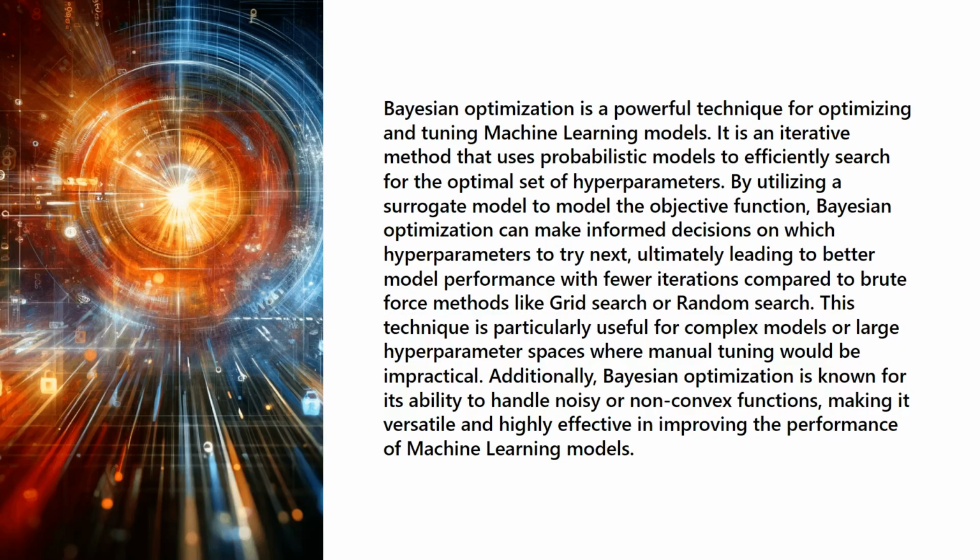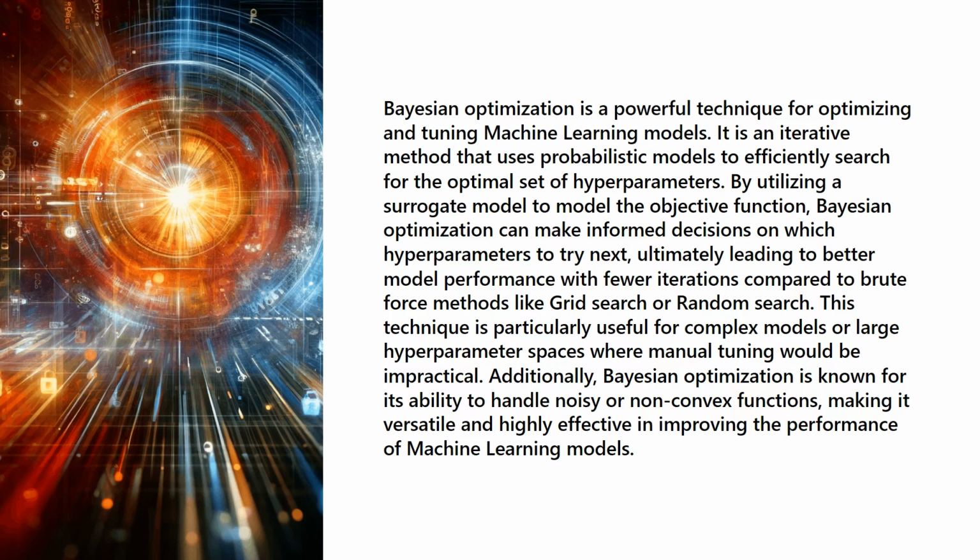Bayesian optimization is a powerful technique for optimizing and tuning machine learning models. It is an iterative method that uses probabilistic models to efficiently search for the optimal set of hyperparameters. By utilizing a surrogate model to model the objective function, Bayesian optimization can make informed decisions on which hyperparameters to try next, ultimately leading to better model performance with fewer iterations compared to brute force methods like grid search or random search.